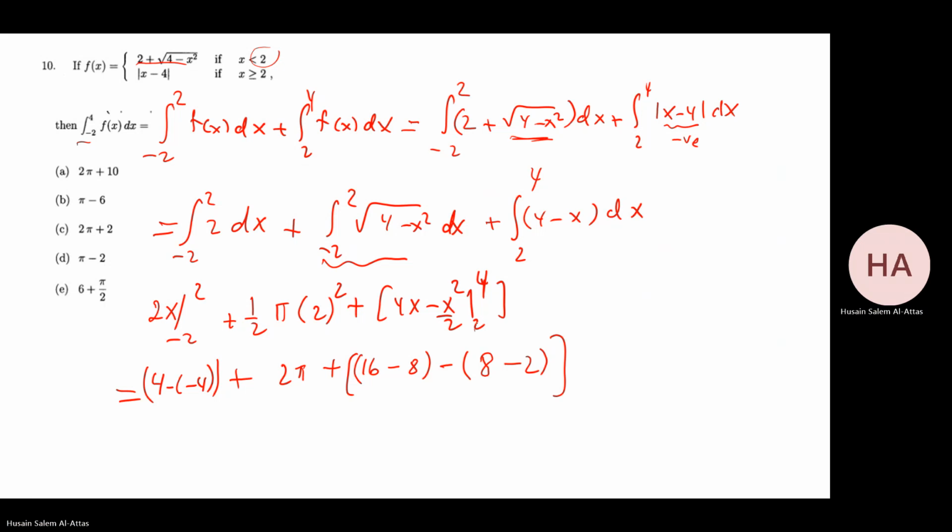Correct. No, it's 8 minus 2. Correct. So I have 16 minus 16. So this is 2. So I have 8 plus 2 pi plus 2. This is 2 pi plus 10. So this.